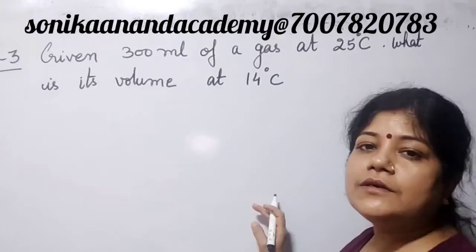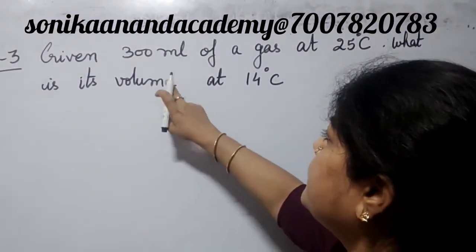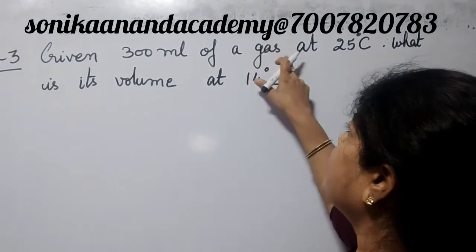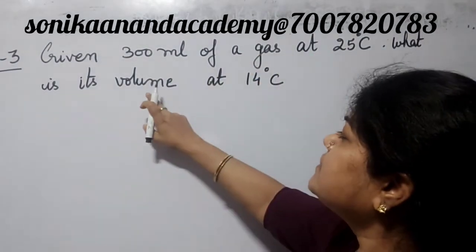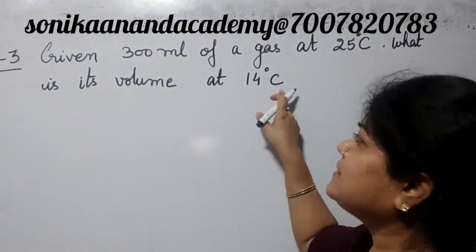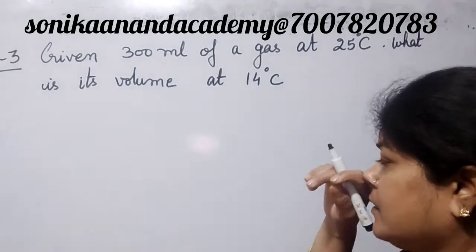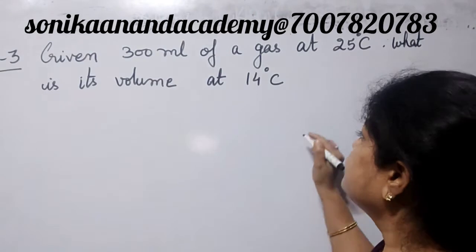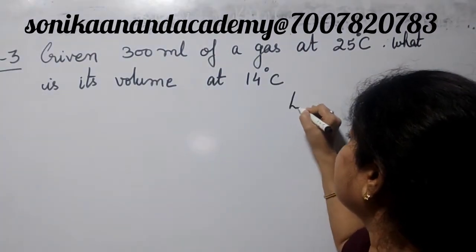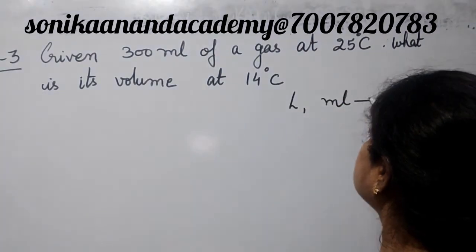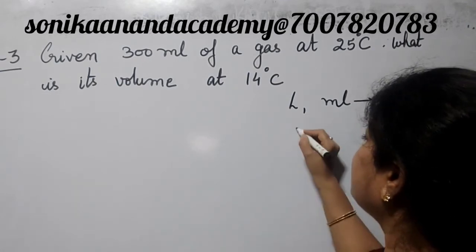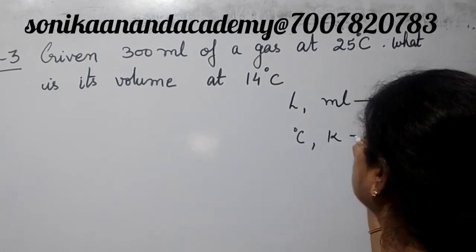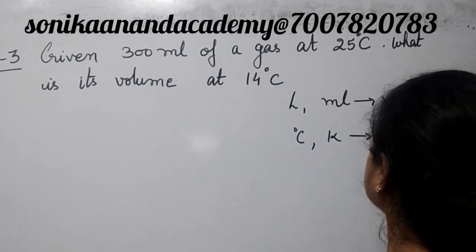Now moving to another question. Given 300 milliliter of a gas at 25 degrees Celsius, what is its volume at 14 degrees Celsius? One thing I told you: if it is given in liter or milliliter, this is the volume of the gas, and if there is degree Celsius or Kelvin, this is the temperature of the gas.